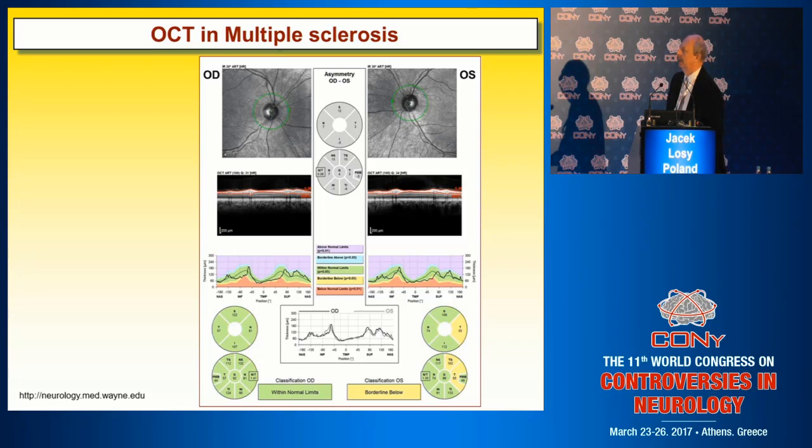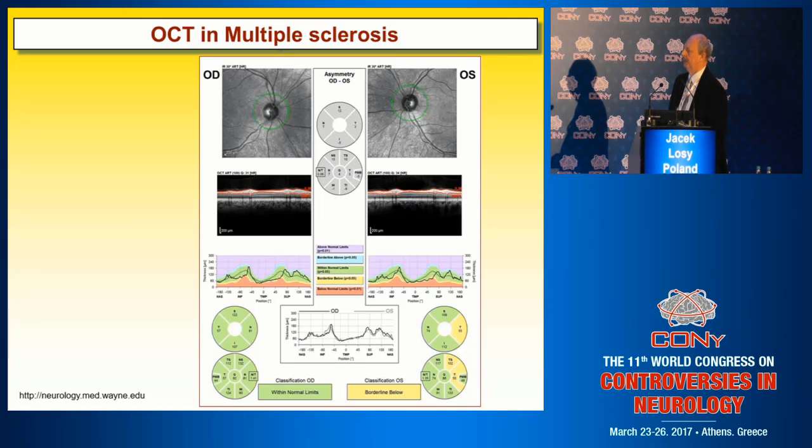The second shows you the red lines, which are the borders of the RNFL. And the third, the black lines, show us the thickness of the RNFL.